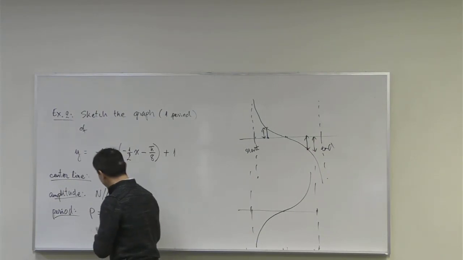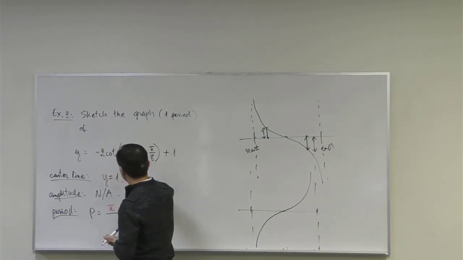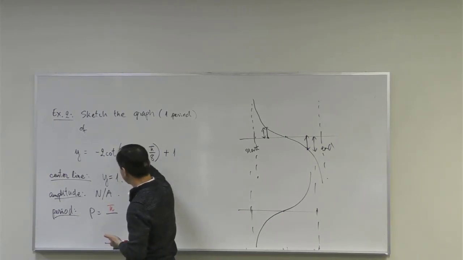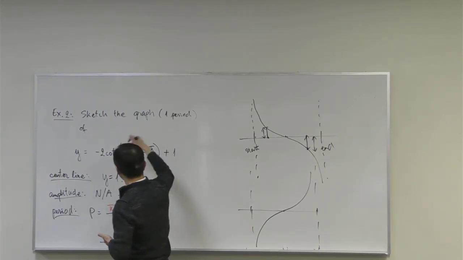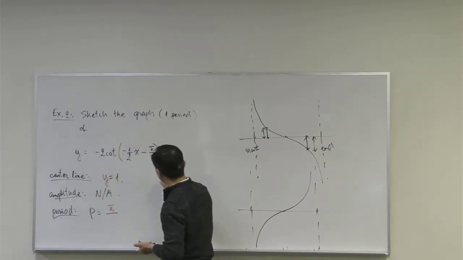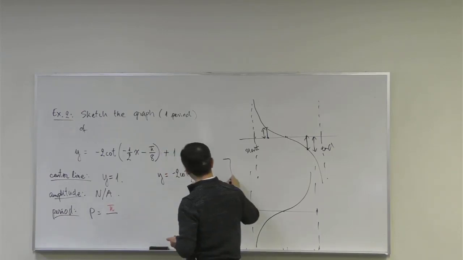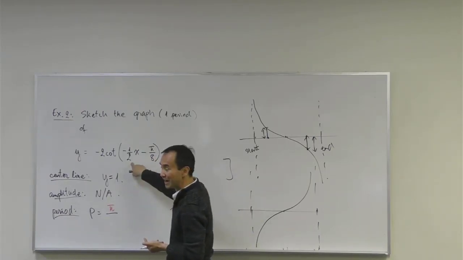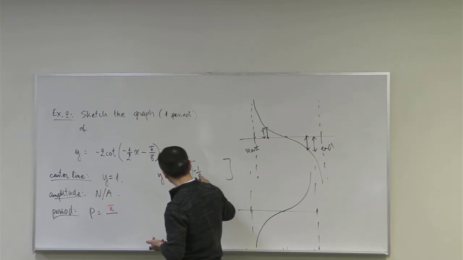But then we're going to need to divide by, you see that? So to see the period clearly, you're going to need to factor out that coefficient from the inside. So think of this function here as the same as y equals -2 cotangent, but we factor out that -1/2 coefficient, making it -1/2.